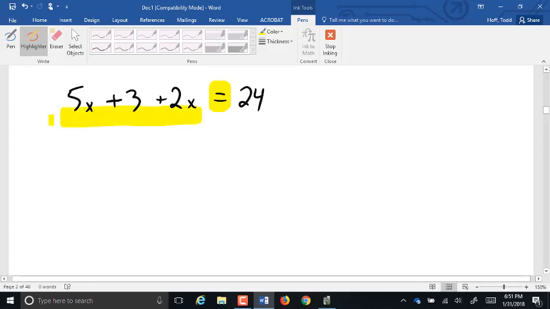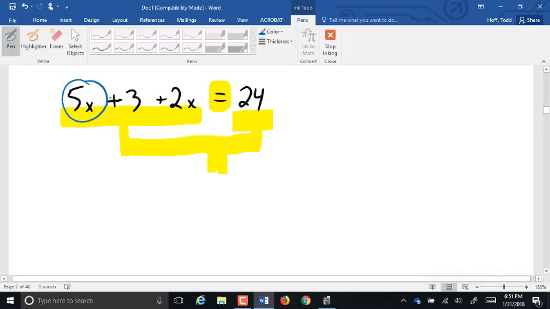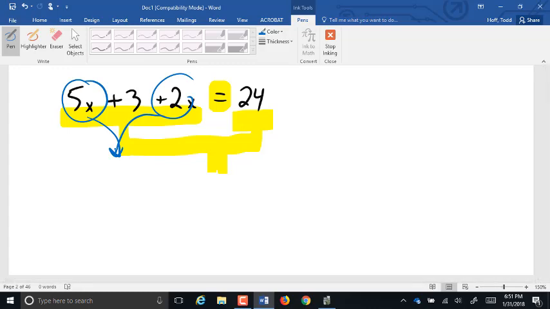And we'll notice the x appears twice, but both times are on the same side of the equation. If we think of that balanced scale, they're both on the same side of the scale. So with that in mind, can I take the 5x and 2x and push them together into one big pile? Would that change how that equation balances? No, it wouldn't change at all. So we can go ahead and push them together.